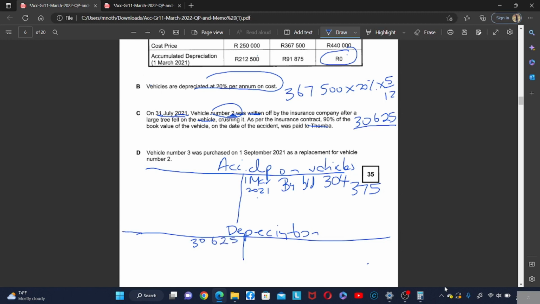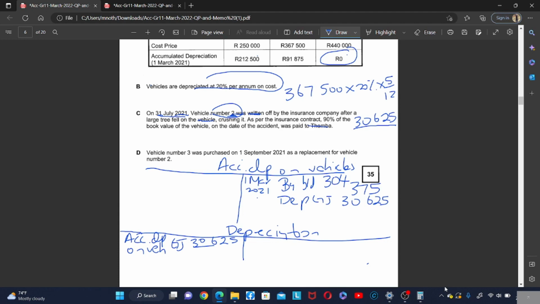So this depreciation is for the accumulated depreciation. This one is for the vehicles. We know that after calculating the depreciation, it must be transferred to the accumulated depreciation. So it is 30,625.